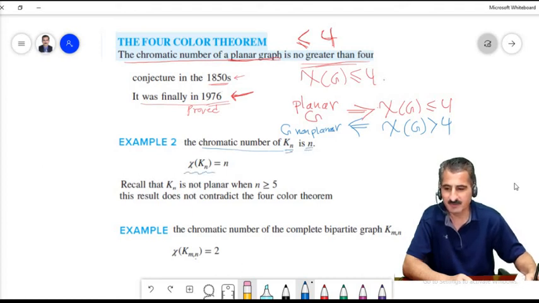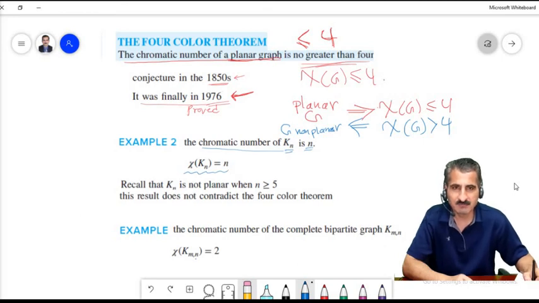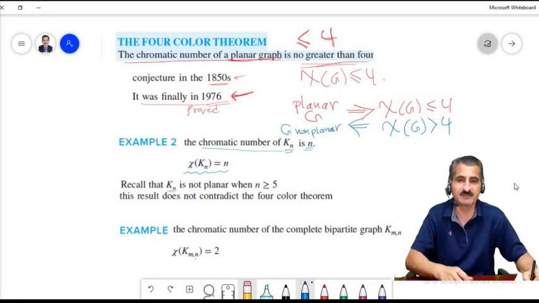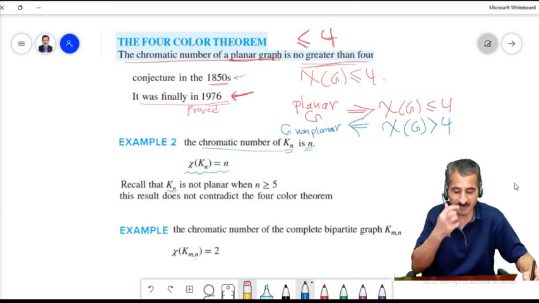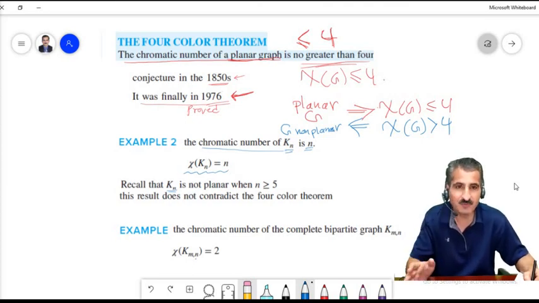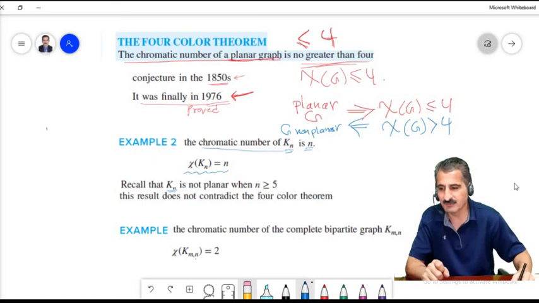Now the chromatic number of Kn is n. If the value of n is 5 or more, we mean here K5, K6, K7, and so on.